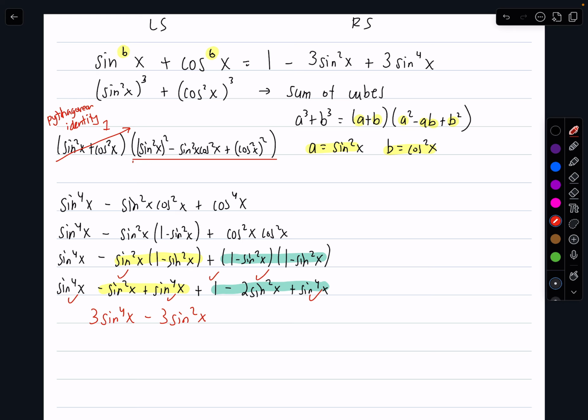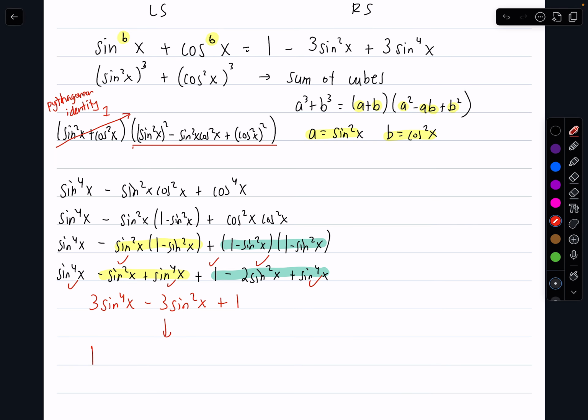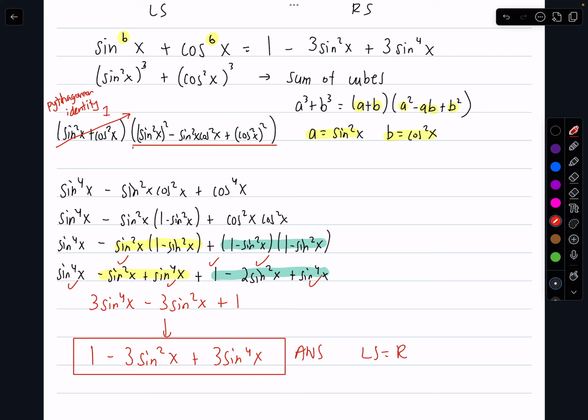And then we have the 1, which is just going to be the plus 1. And if we rearrange this with our terms, we'll literally end up with the right side, which is 1 minus 3 sine squared x plus 3 sine^4 x. And there you have it. That's your answer. Left side equals the right side.